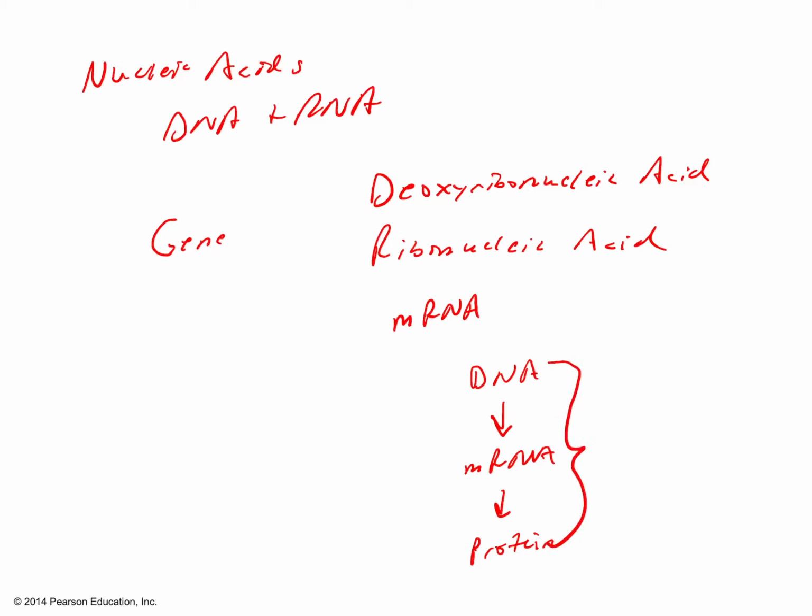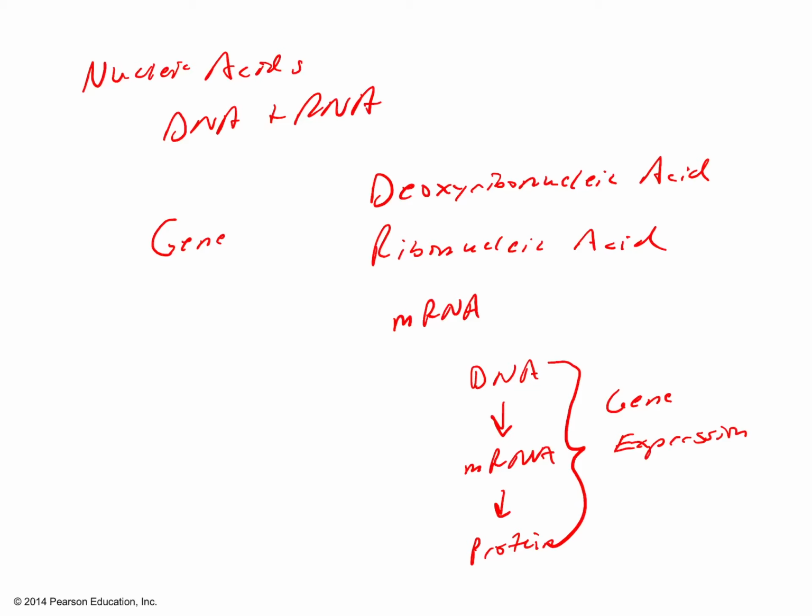That process is called gene expression. This is how the information in our DNA is ultimately used to build protein. We'll talk about that in a lot more detail in the very last chapter for the course, Chapter 17.